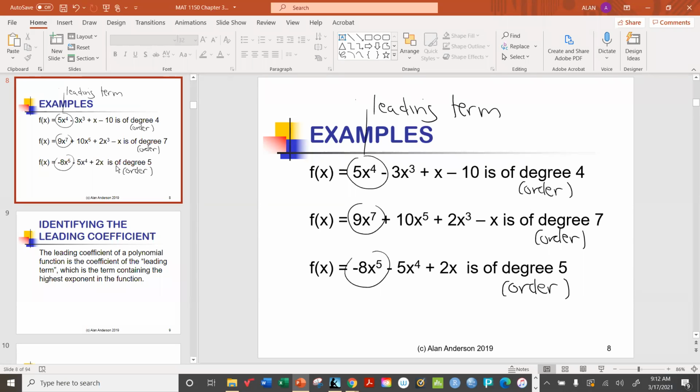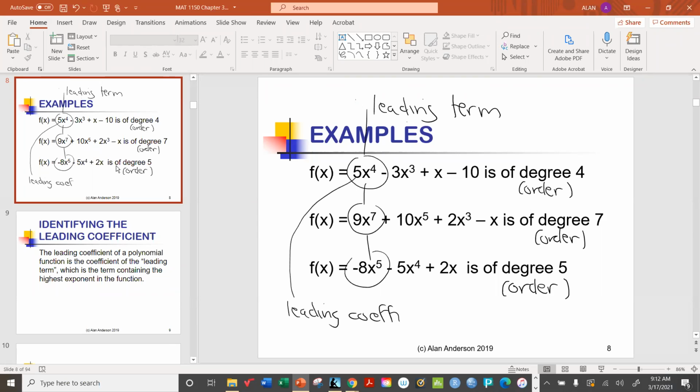It just means it's the term with the highest exponent in it. And then the leading coefficient is just the coefficient. In other words, here, this 5 is the leading coefficient.